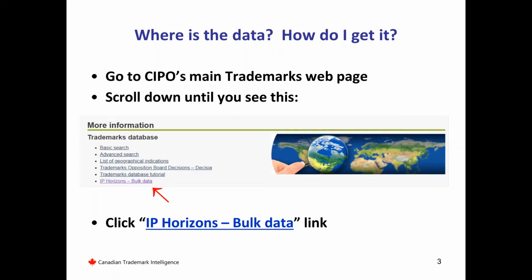You can get CIPO's XML trademark data simply by going to their main trademarks webpage and scrolling down to this More Information section. What you want is that IP Horizons bulk data link at the bottom. I've got a copy of that link here, so I'll just click it.